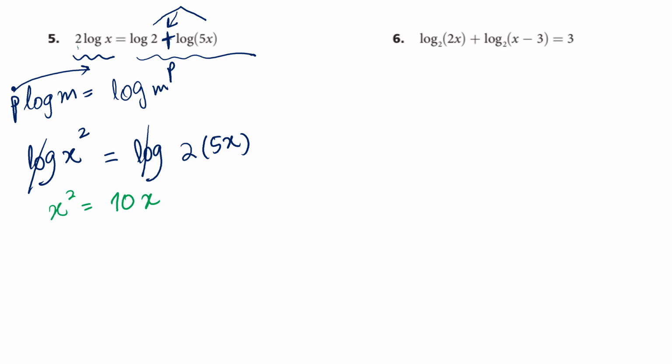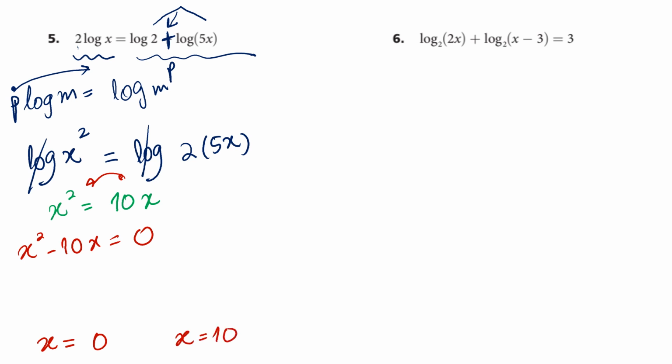What you will do, bring the 10x on the other side. So you will get x square minus 10x equals to 0. Write in the calculator 1, -10 and 0. In the option mode 53, you will get the answer x equals to 0 and x equals to 10.